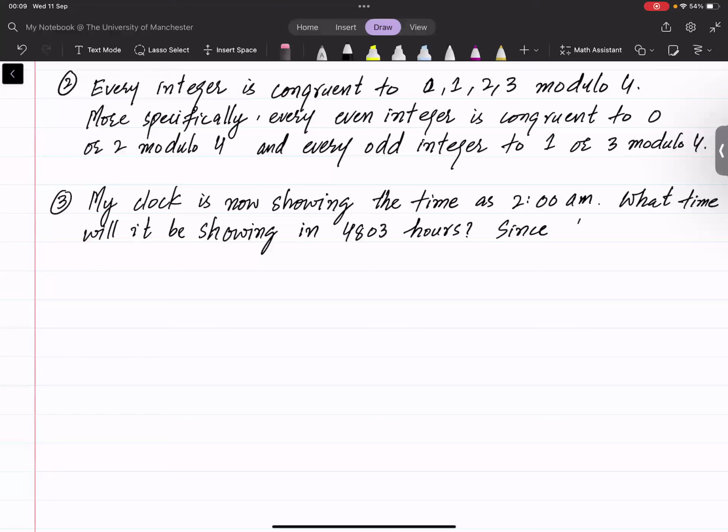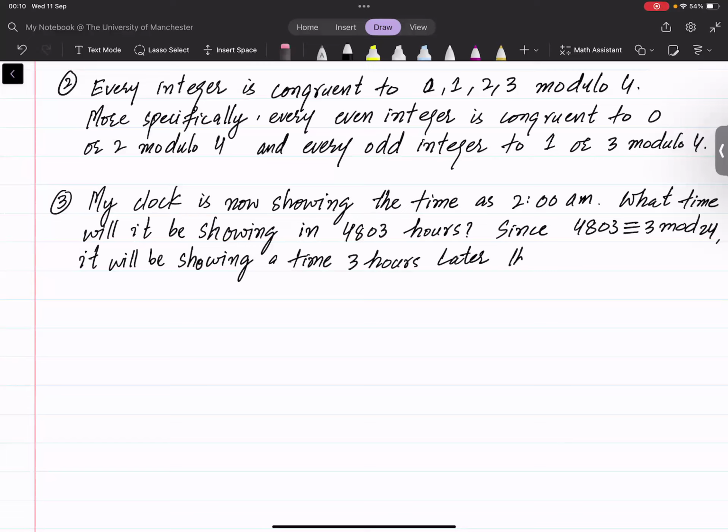Now, since 4,803 is congruent to 3 mod 24, it will be showing a time 3 hours later than the current time. So that is namely 5 a.m. Okay.